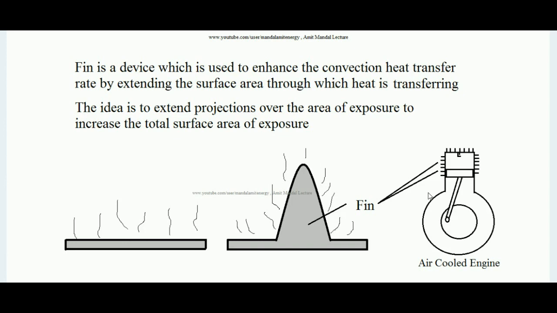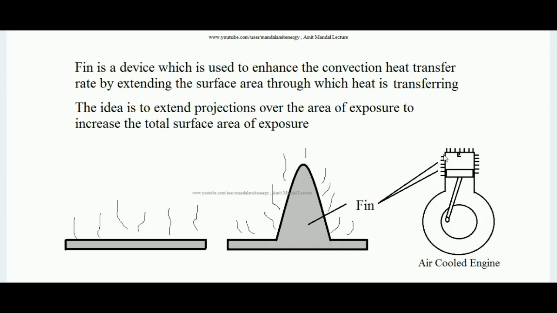One of the common uses of fins is in an air-cooled IC engine. You would have observed in your motorbike engine that the engine head has a number of striped fins implanted on it. Those are the fins, because when fuel burns inside the cylinder it develops heat.